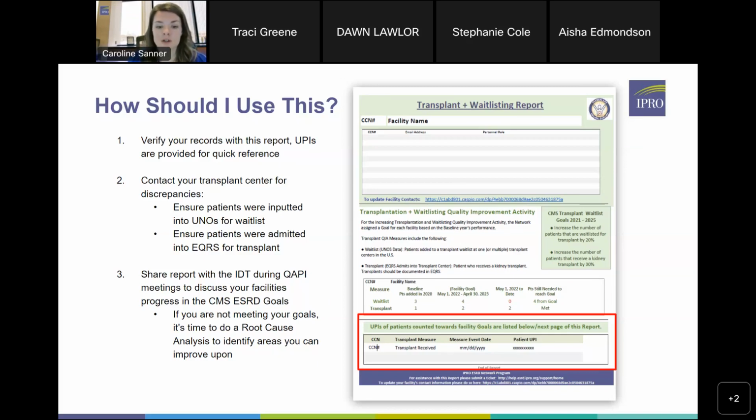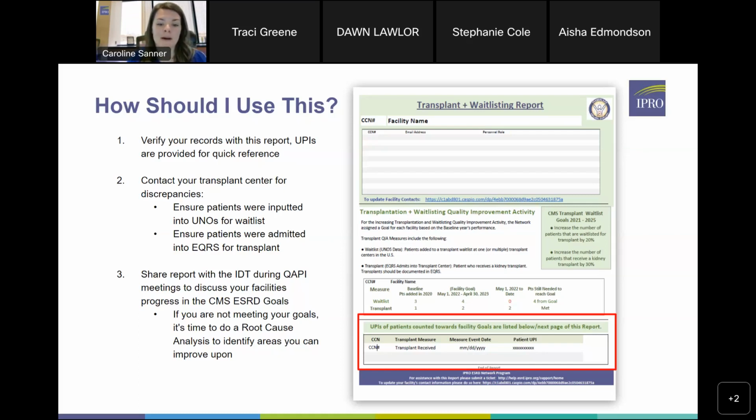If there's another issue, which obviously there can be, we can help you sort through those, but this should be your first step, because contacting the transplant center and ensuring the patient was documented is typically the one action that can overcome the discrepancy. That's the number one reason why the patient is not showing up on the report.